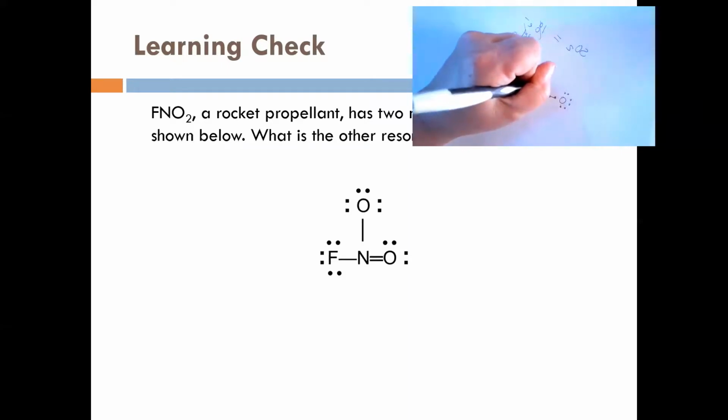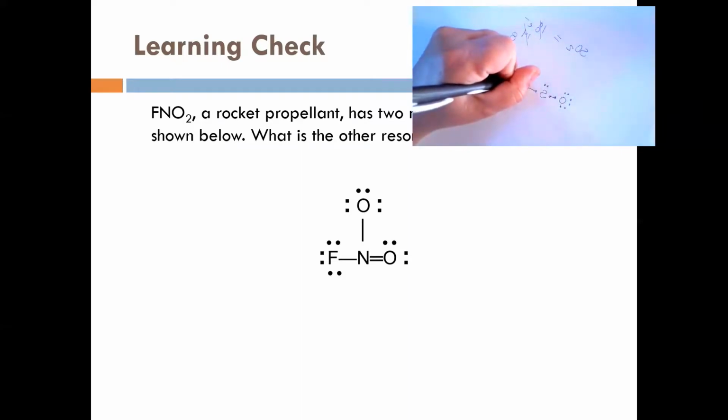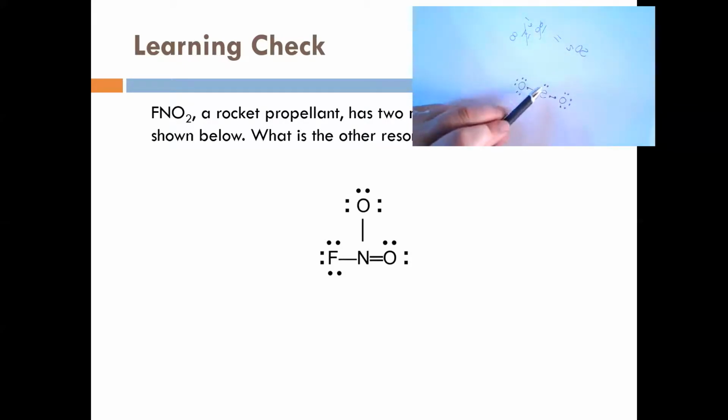So I'll put in 2, and then we'll put in my 6. Again, that's great. I've now gotten rid of all 8, except that sulfur is not happy, it's missing 2. So it's missing 2 electrons. It's an unhappy sulfur, not happy at the moment.